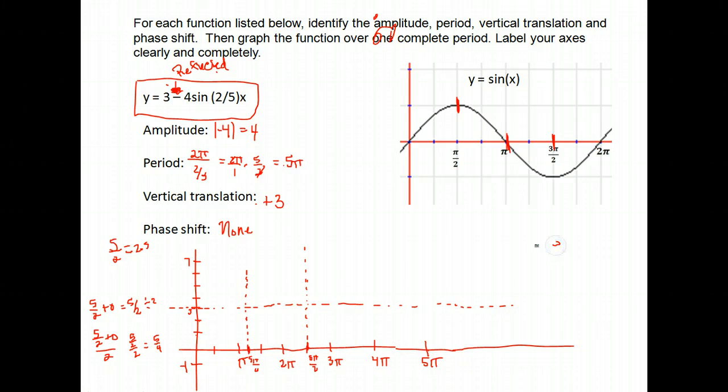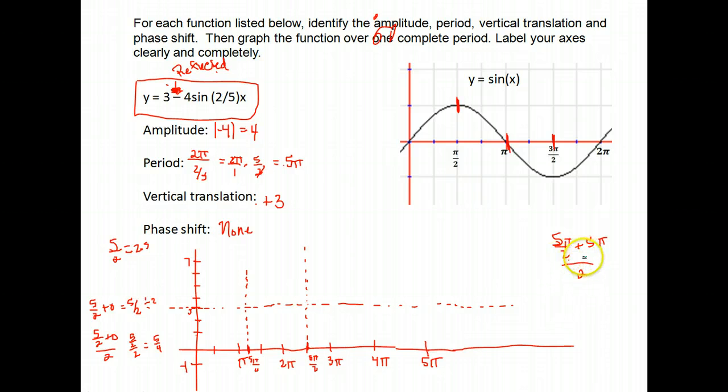So again, to find that exact place so that you can label your axes completely and clearly, we're going to take the 5 pi over 2 plus the 5 pi and divide by 2. That's how we average things.